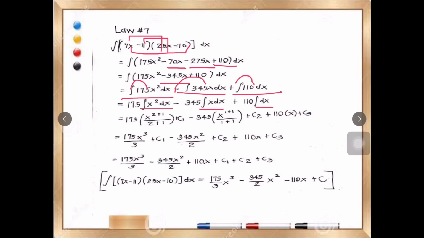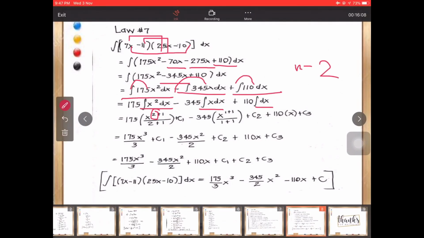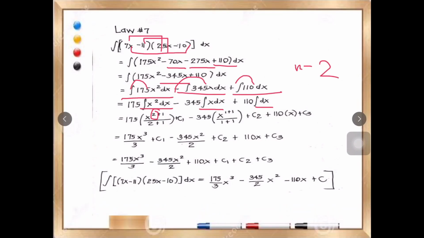So, x squared plus 1, since our exponent is 2, then our n is equals to 2. Here, our exponent is 1, imaginary 1. So, in second term, our n is equals to 1. In third term, we will just integrate dx, so we will get x. Then we will multiply that in 110. So, we will get 110x.